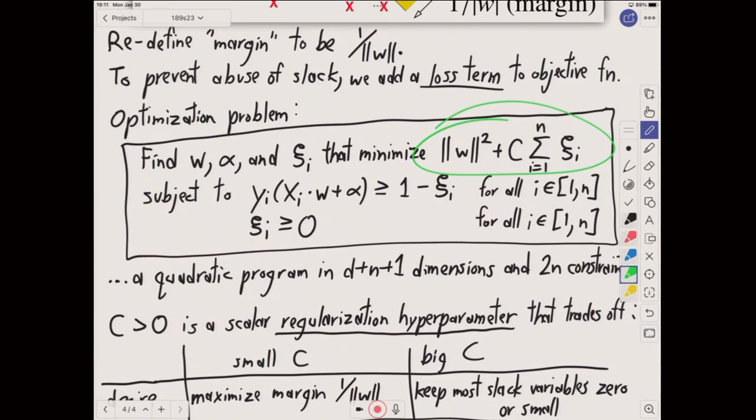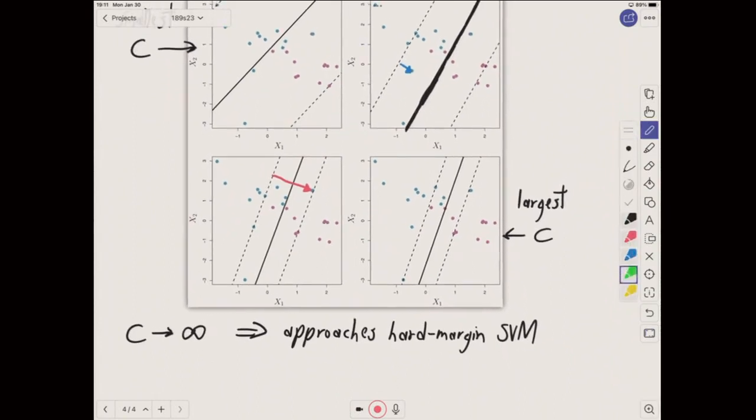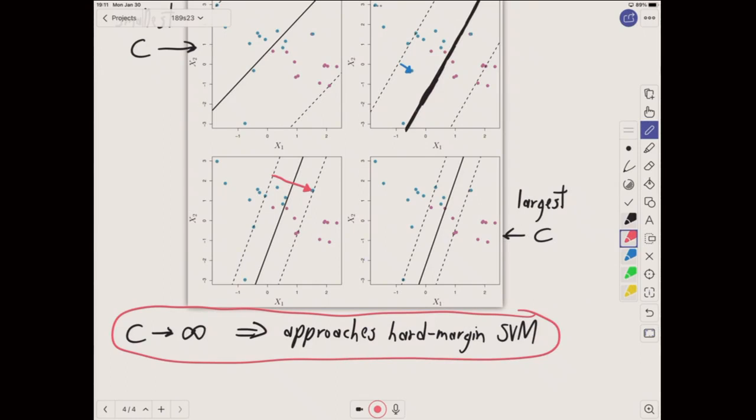Larger C's mean that training takes longer. Yeah, that is a good observation, and that's actually related to the last thing I said, which is that in the limit as C gets really big, we're approaching a hard margin SVM. And you can see why that might be a problem if your data is not linearly separable.